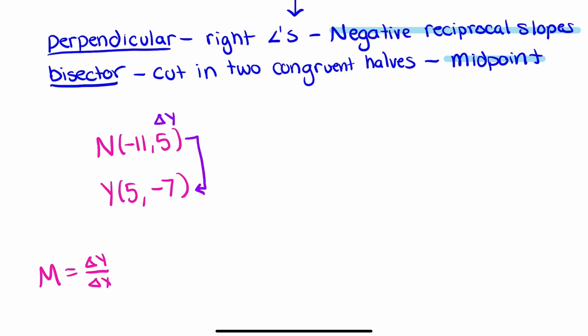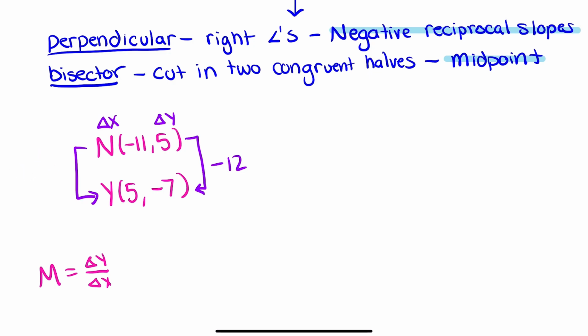If you're ever unsure about what that change is, you can always take the bottom number and subtract the top number. But in this case, I know that I'm really just going down 12. And again, I can always take the bottom number and subtract the top number to get my change in X. I would see that 5 minus -11 is really just 5 plus 11, which means that it's 15.